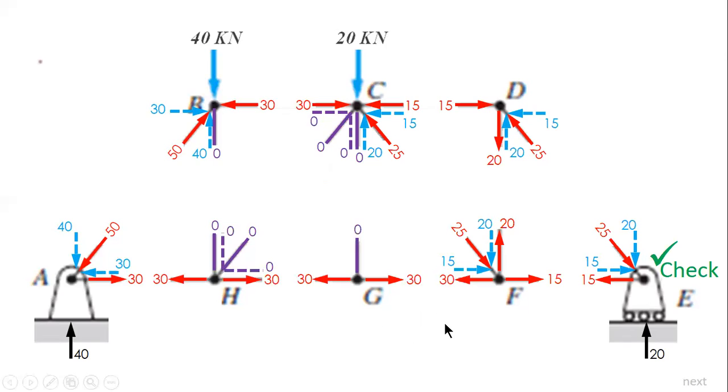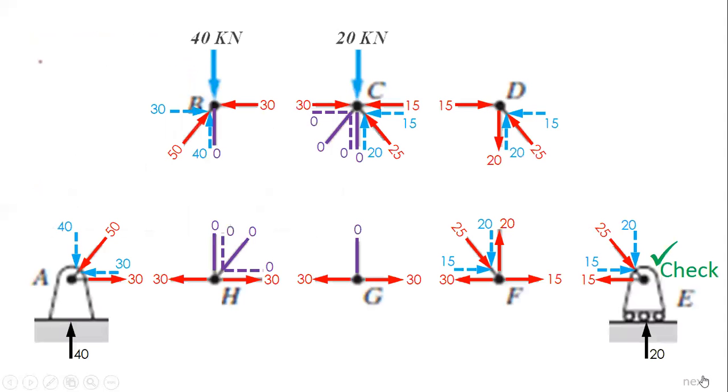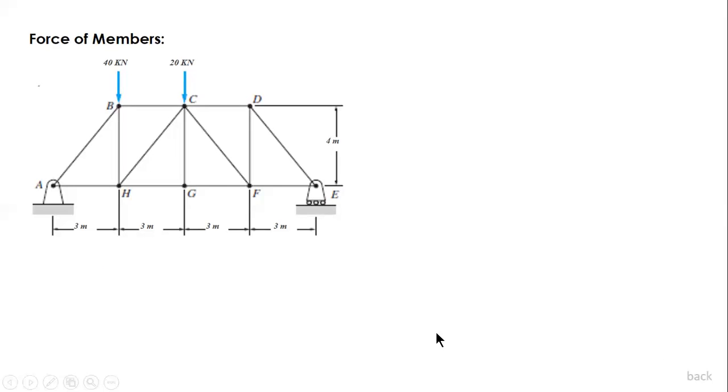Okay. So, we are now ready to write the force of each member. So, for the bottom chord, many members, forces, tension, tulo ka 30 and 15.